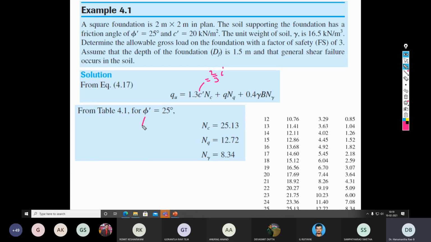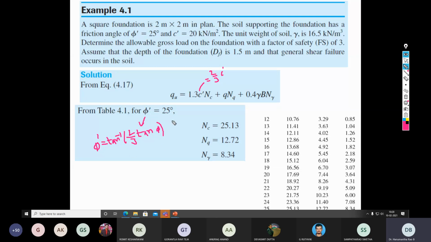For local shear, phi dash is tan inverse of 2/3 of tan phi.